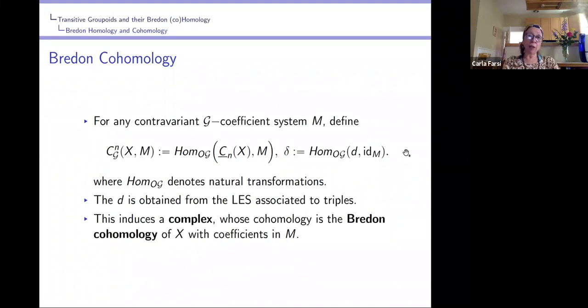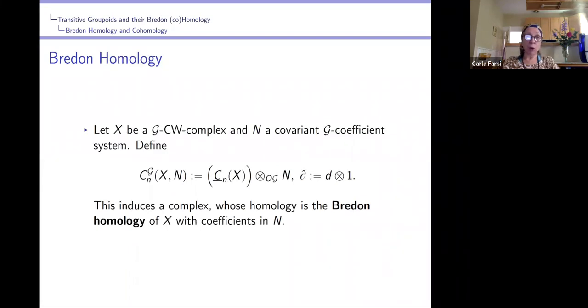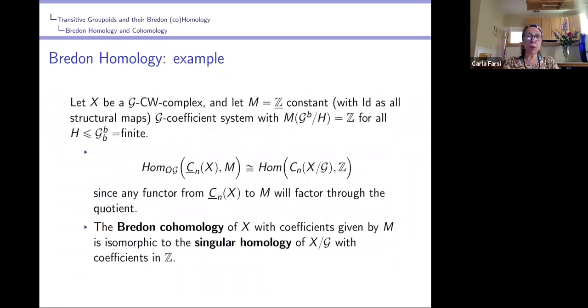And then you just do the cohomology. And this is how you do the homology, and by dualizing. That's all I want to really say about this. The details are in our paper if you want more details. So this is more or less what I wanted to say for the Bredon homology and cohomology.